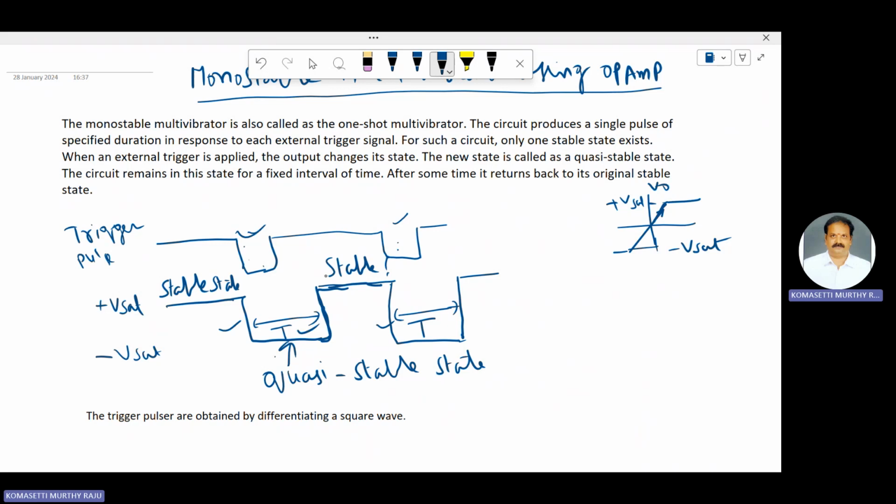This is called the permanent stable state. Quasi-stable state means a temporary stable state. After a predetermined fixed interval of time T, it goes back to the original stable state.